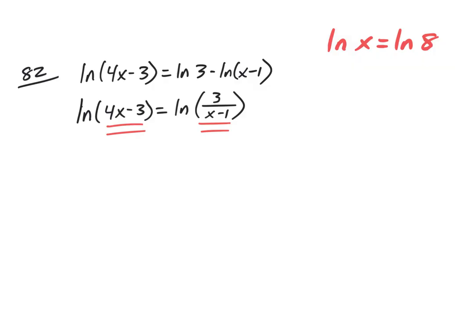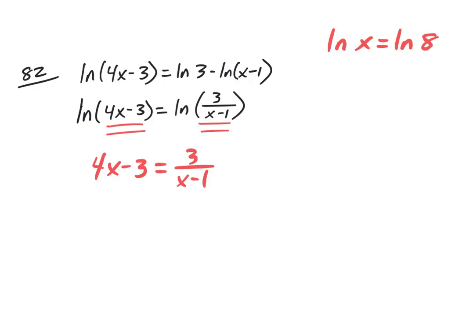So I can now just drop the ln's off on both sides, because those 2 expressions in those spots must be equal. So that gets rid of our logs, and that's a good thing. Can't really use any of our log rules anymore, but now we're just into a basic old equation.